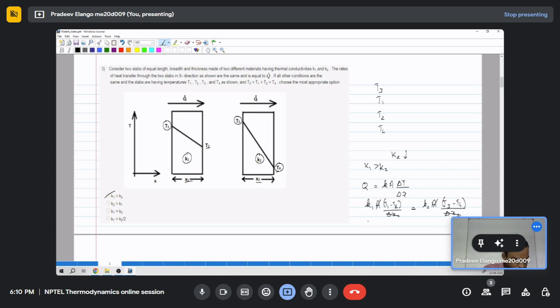So K1 by K2 is equal to (T3 minus T4) by (T1 minus T2). The numerator is higher than the denominator, that means it is greater than 1. So K1 by K2 is greater than 1. So K1 is greater than K2.